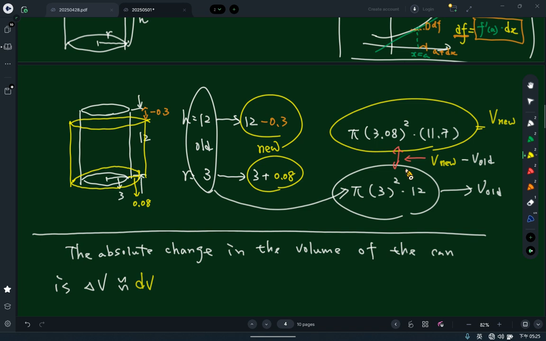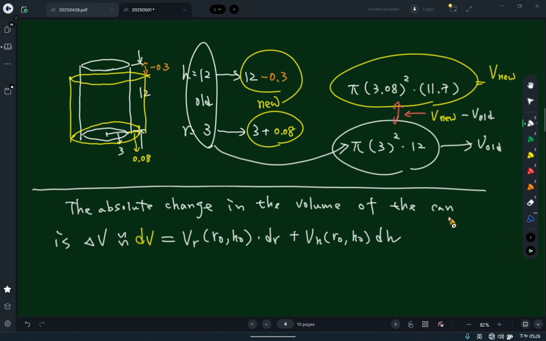Okay? We can use it as partial V partial r at r0 h0 times dr, plus partial V partial h at r0 h0 times dh.